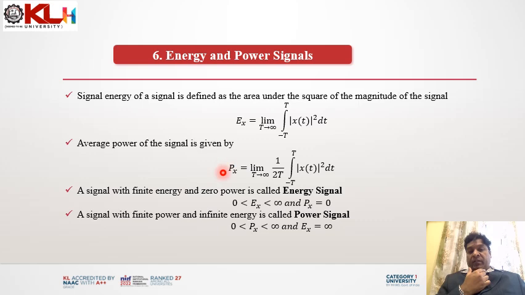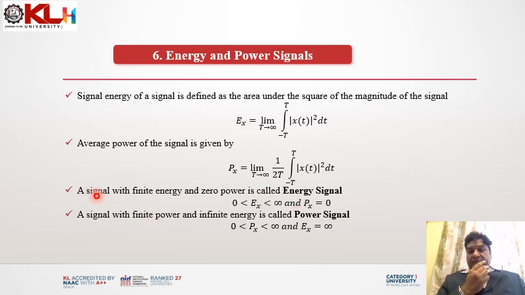The average power P will be the limit T tends to infinity of the same integral, from -T to T of |x(t)|^2 dt, but divided by the time, which is 1/2T. So the average power P_x is the limit T tends to infinity of 1/2T times the integral of |x(t)|^2 dt.